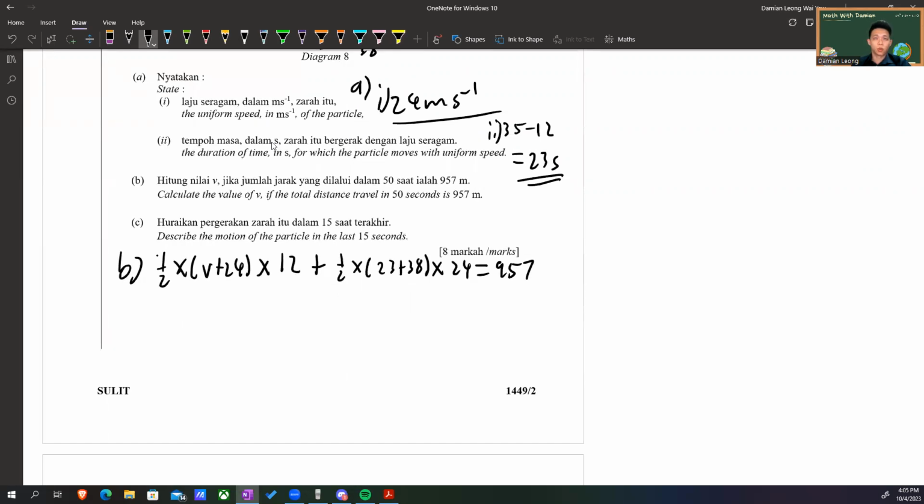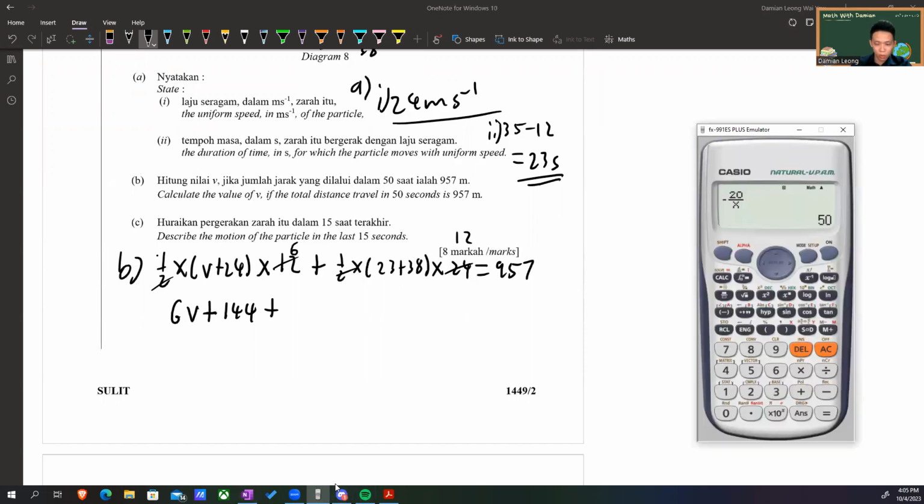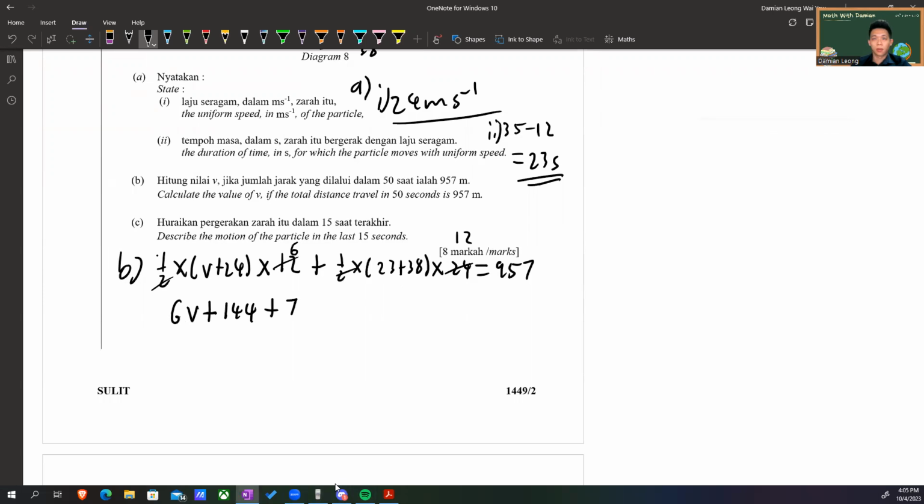So half times 12, 6, times inside: 6V plus 144, plus this one, half times 12 times inside, straight away times bracket 23 plus 38 times 12. That is 732, equals 957.